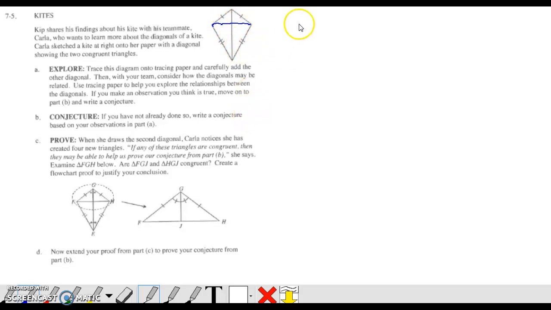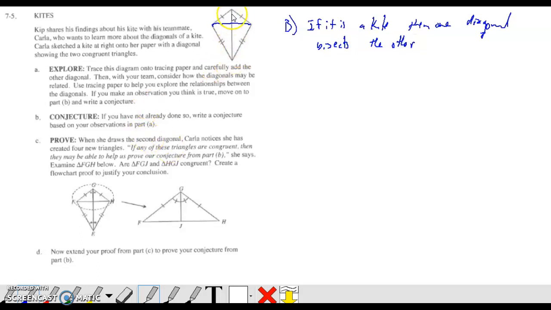So for part B, a conjecture, I might write something like this: if it is a kite, then one diagonal bisects the other. Okay, so maybe that is a conjecture.